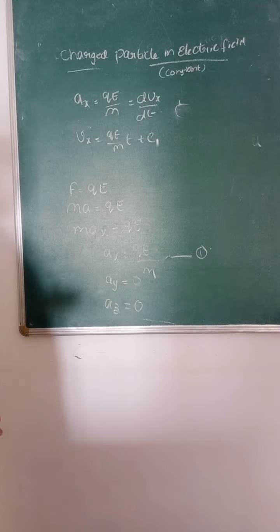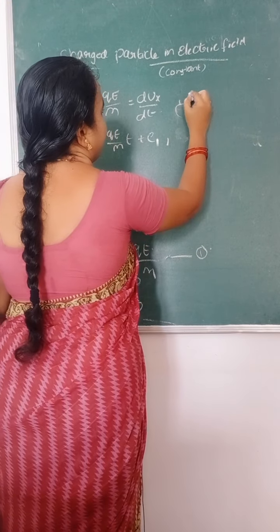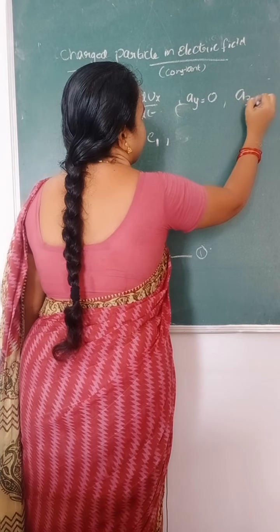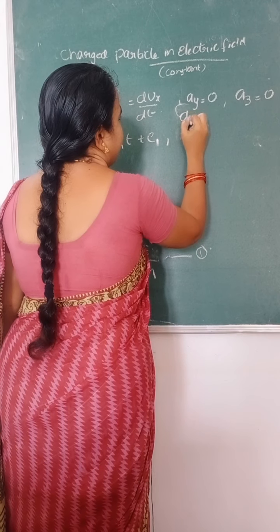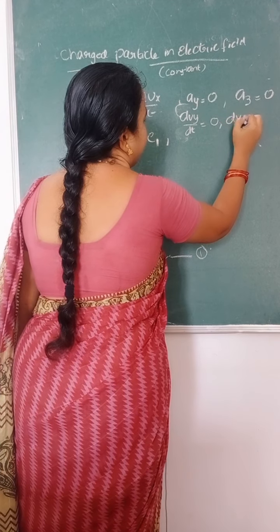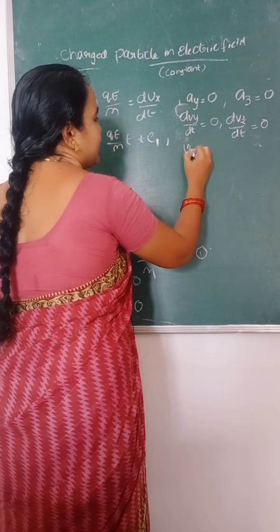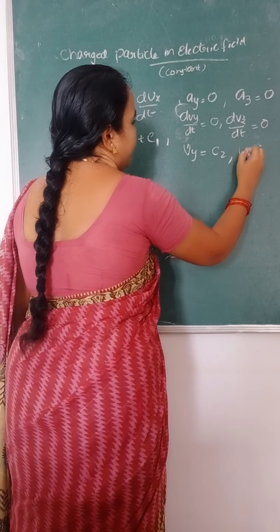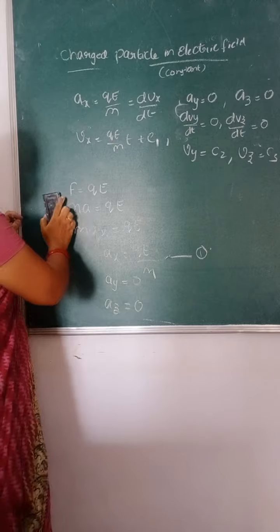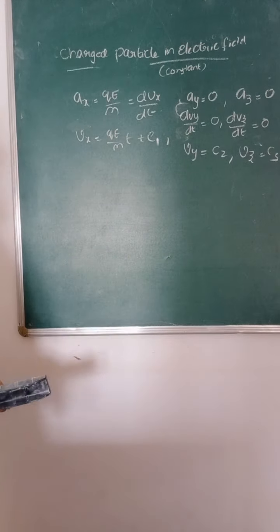For the remaining terms, ay is equal to 0 and az is equal to 0, that is dvy by dt is equal to 0 and dvz by dt is equal to 0. On integration, vy is equal to some constant c2, vz is equal to some constant c3, where c1, c2, c3 are the constants of integration.